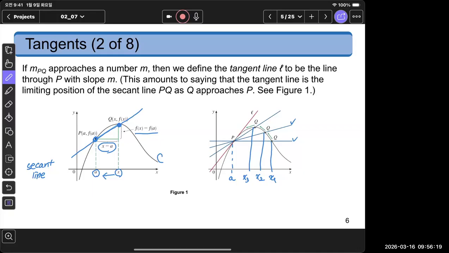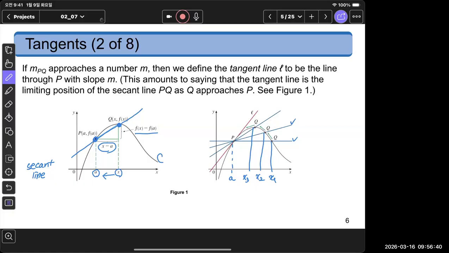First of all, the secant lines have two intersections, right, at P and Q. Now, as x approaches a, this Q approaches the point P on C, right?